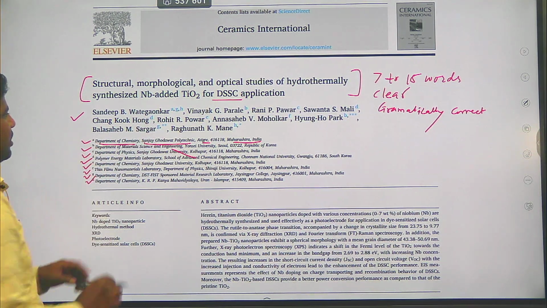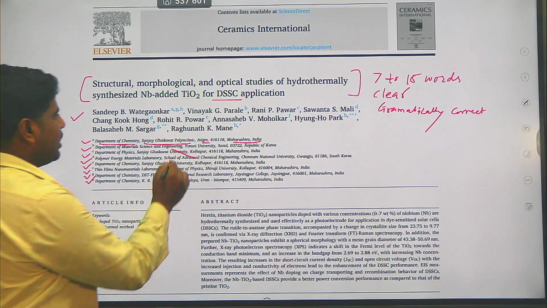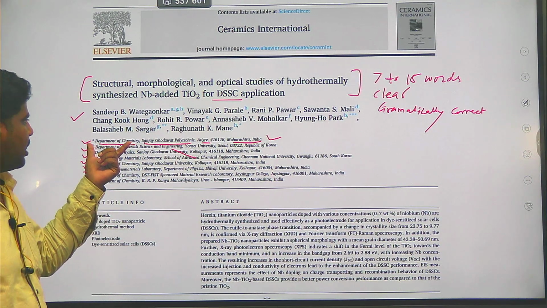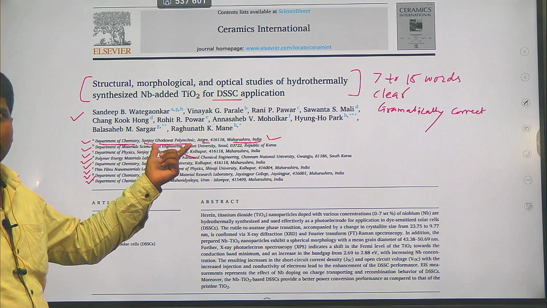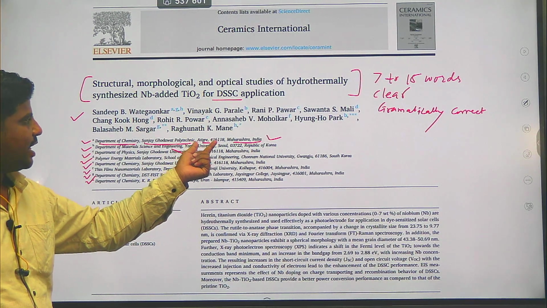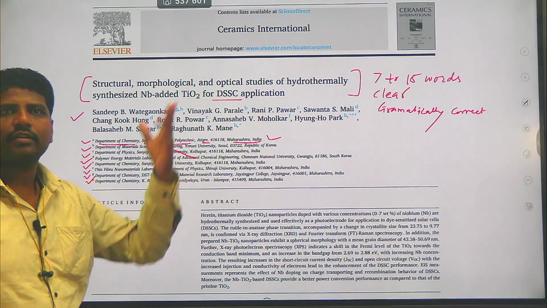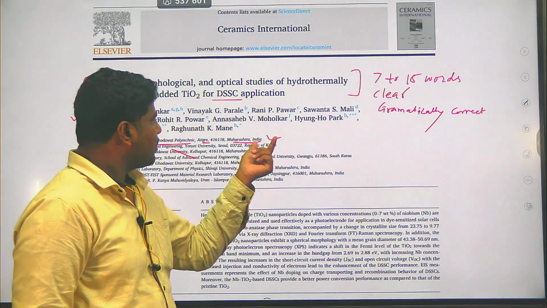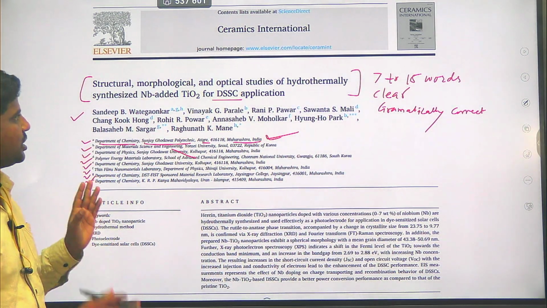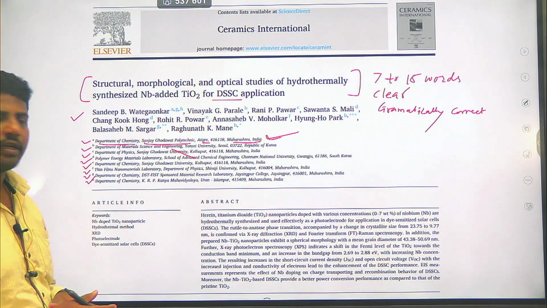At that time I was working with Sanjay Ghodawat Polytechnic, and here I have written the affiliation like this: name of the department, name of the institute, then city name, then the pin code, then the state, and then the country name. This is exactly the method to write the affiliation.